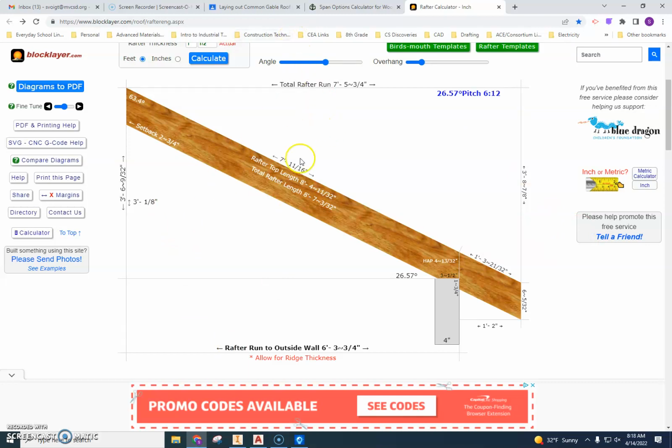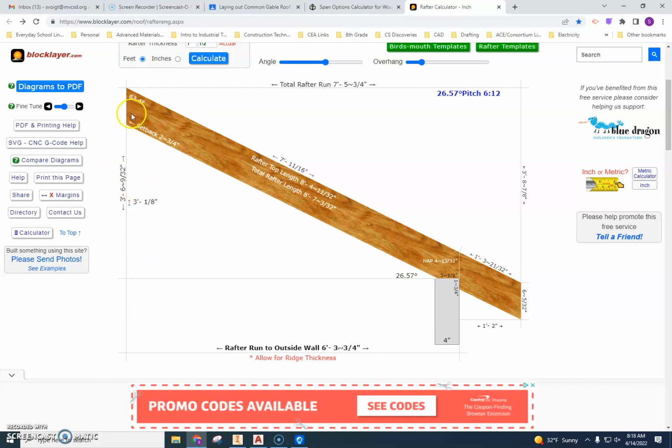Okay, so the other thing I need is rise plus HAP. I don't know if you guys remember me telling you this, but the rise is actually a parallel line that goes from right here, right up this rafter, and will end like right there. That is your rise. So from there down to the top of your wall is what this number is. But that isn't really what we need.